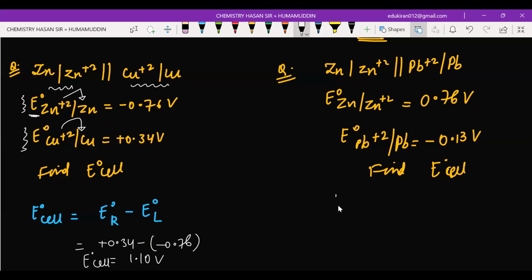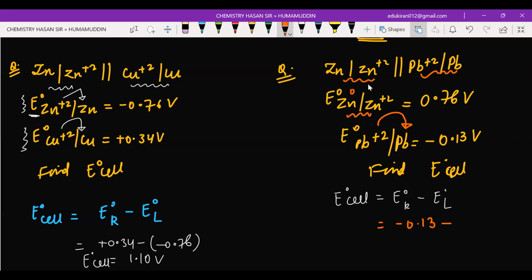Now come to this point, E naught cell is equal to E naught right minus E naught left, right? Now you can see that E naught right, Pb+2/Pb, and here a reduction potential is given. So you can write the value as it is. Now on the left hand side, it is zinc. And here the value is 0 to plus 2.